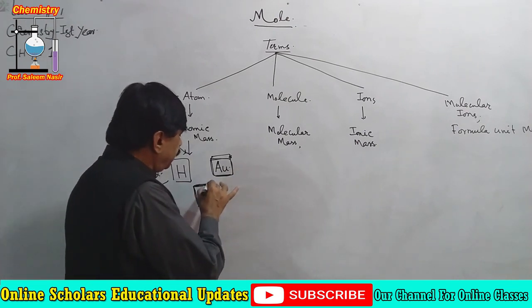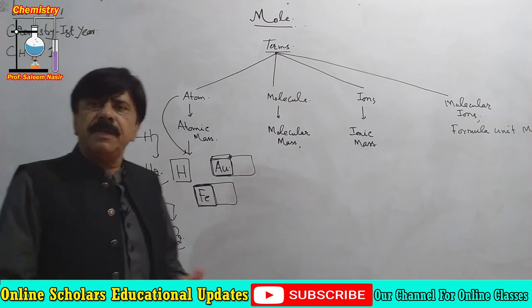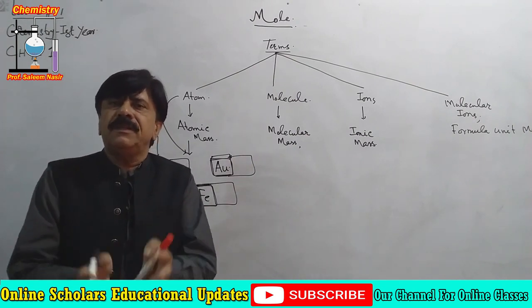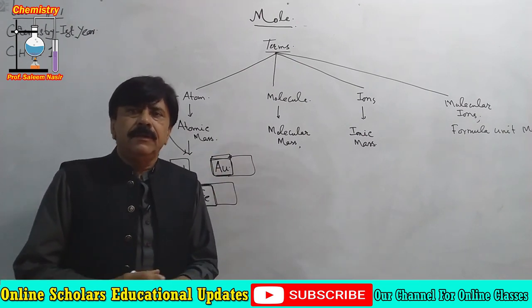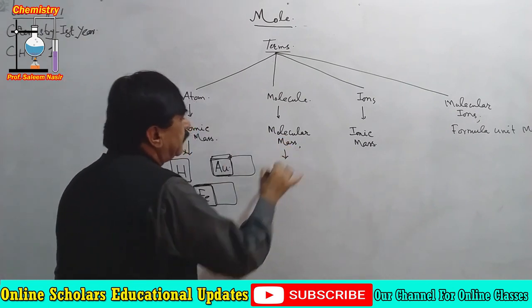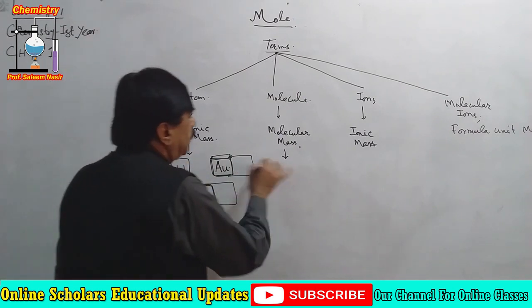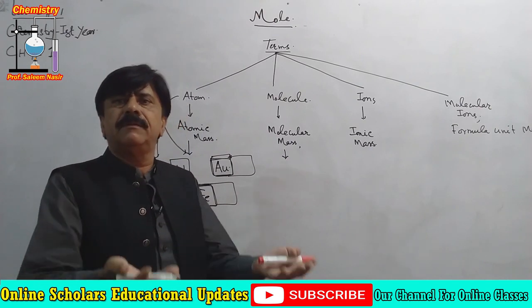Similarly for iron and gold, there are many atoms in an element which are bonded with each other by a metallic bond. Now, similar is the case for molecular mass. Molecular mass is the sum of the atomic masses in a molecule.